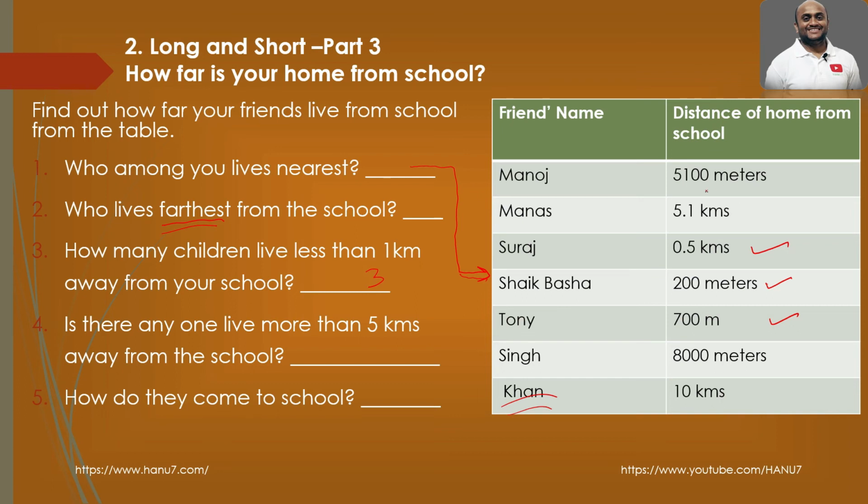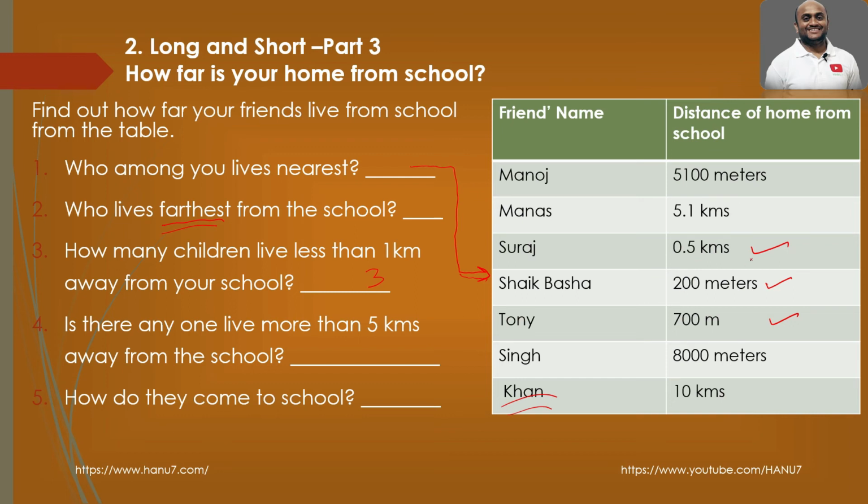Or anybody else is there, you can check. No. So 3 are the persons who are less than a kilometer away from your school. And is there anyone who lives more than 5 kilometers away from the school?